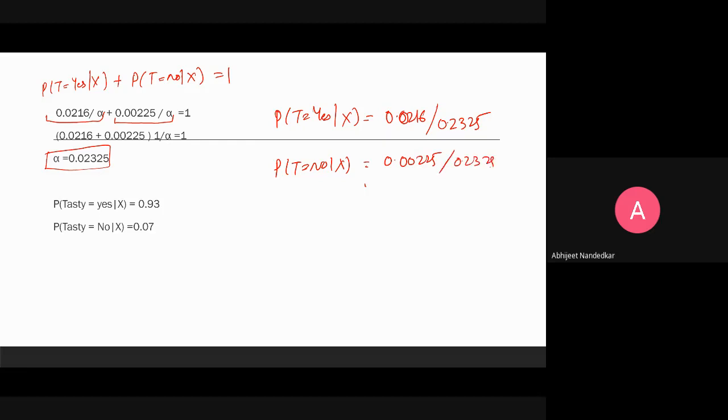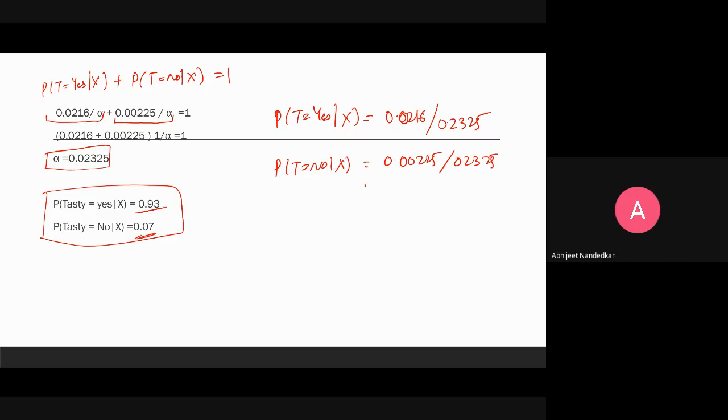So that will be 0.93 and 0.07. Okay, so these are exact probabilities after calculation of the alpha value.